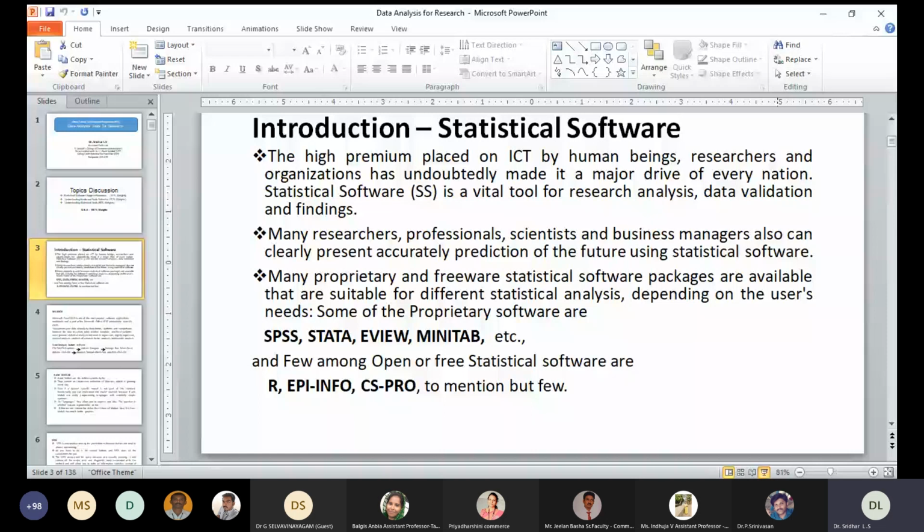Is it appropriate, sir? Yes, sir, we can visualize the slide. Just change one or two slides so that we can know whether it is changing.